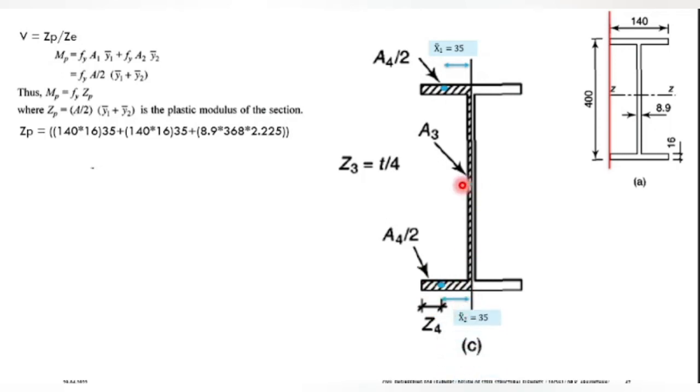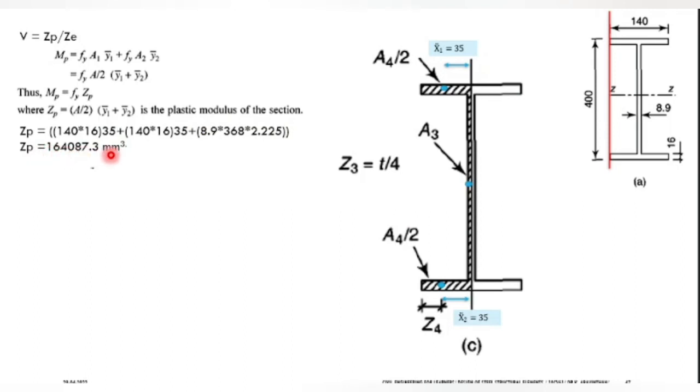Now when coming to the third centroid, that is the web portion, what is the thickness of the web? It is 8.9. When you are cutting this into two halves, it will become 4.45. 8.9 half is how much? 4.45, and within this 4.45 you will be getting the centroid, so it will be half of 4.45, that is 2.225. So this is your ZP, and when you are multiplying these components, you will be getting ZP equal to 164087.